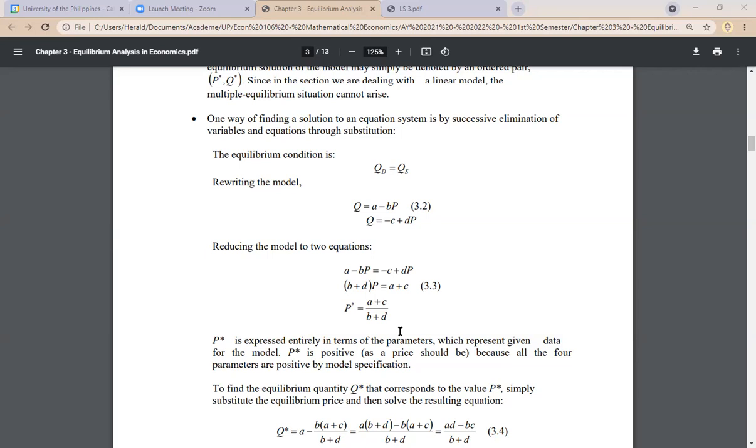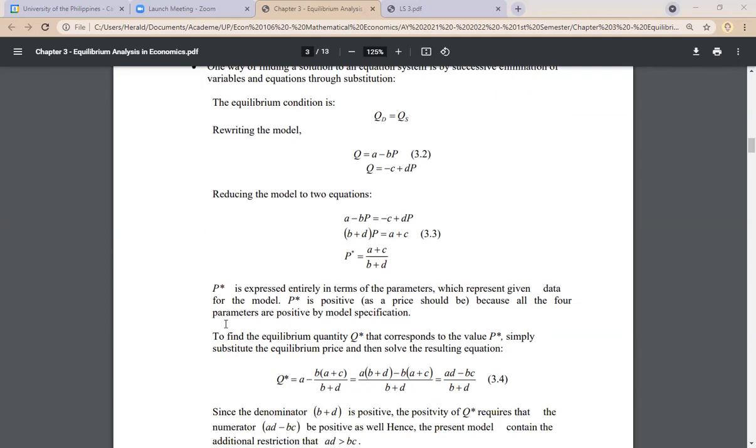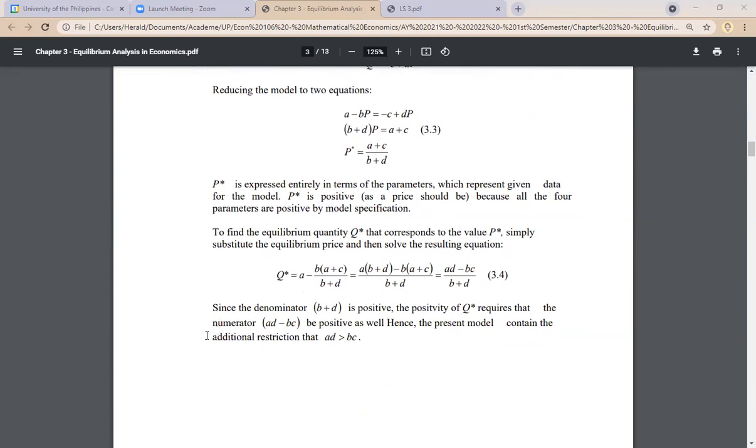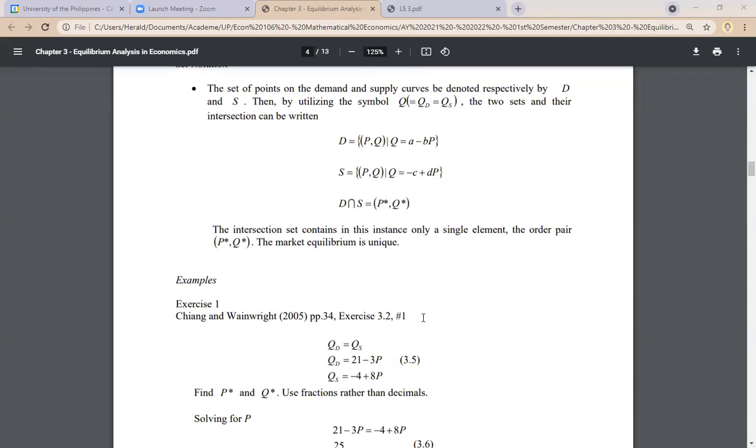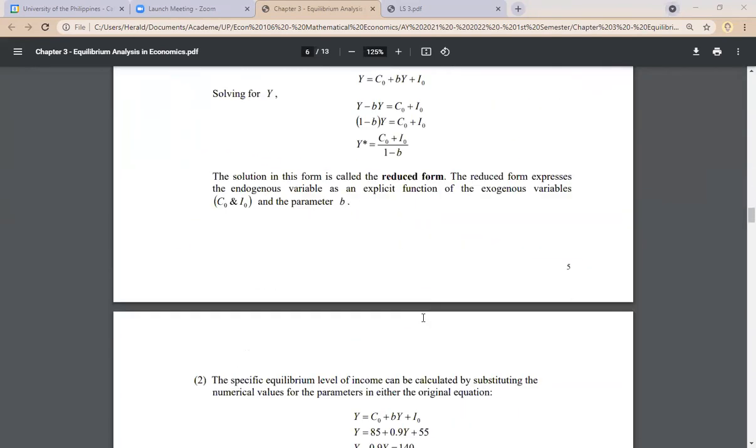The equilibrium quantity can be obtained by substituting P star into either the demand or supply function. And again, we assume that AD minus BC, or the numerator, should be greater than 0 to make the model economically meaningful.